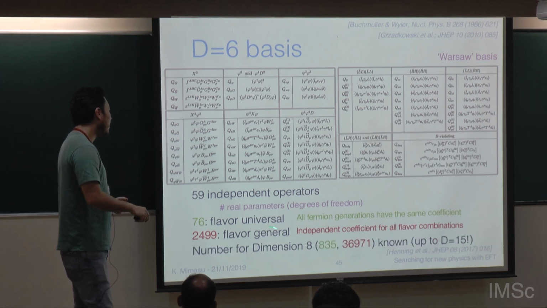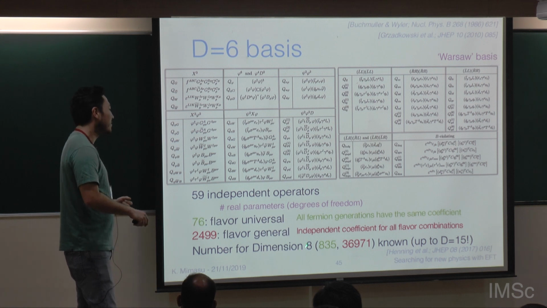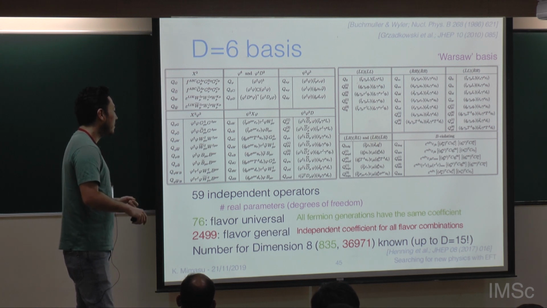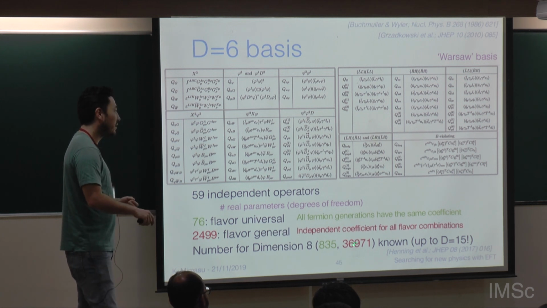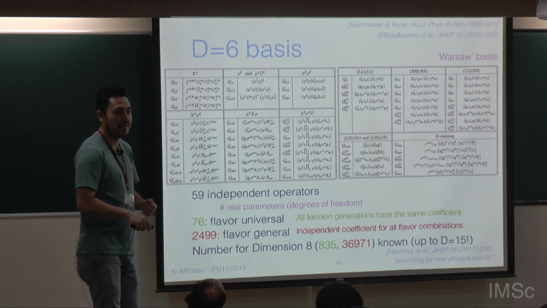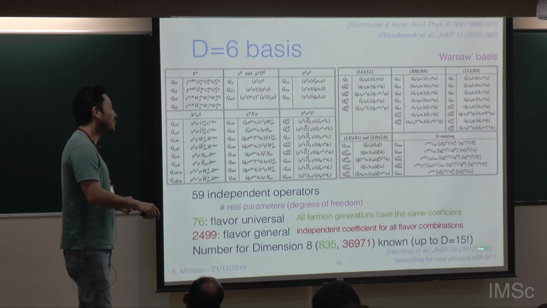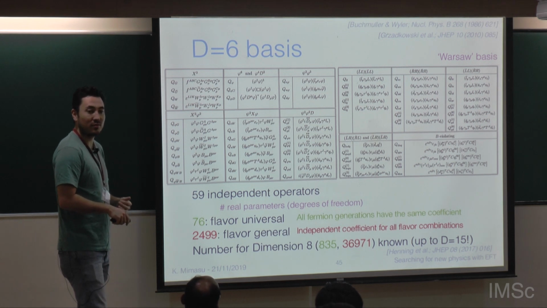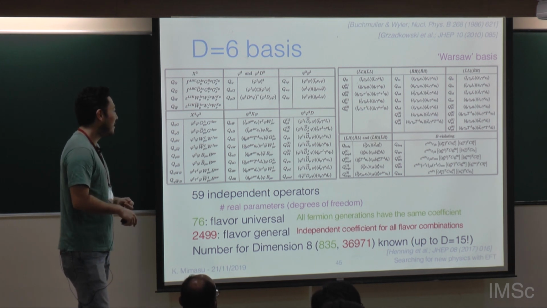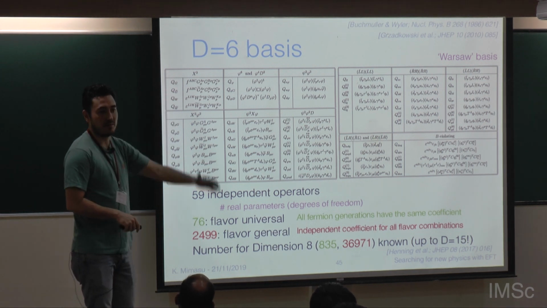Indeed, it turns out that the counting for dimension 8 and above was worked out in a very interesting work by these guys, where they figured out that at dimension 8, for example, this 76 turns into 835, 2,500 turns into 37,000. And then they even showed the numbers all the way up to dimension 15. So they've worked out a very nice mathematical structure to all this stuff. And they confirmed that the number of operators grows exponentially with the number of dimensions.